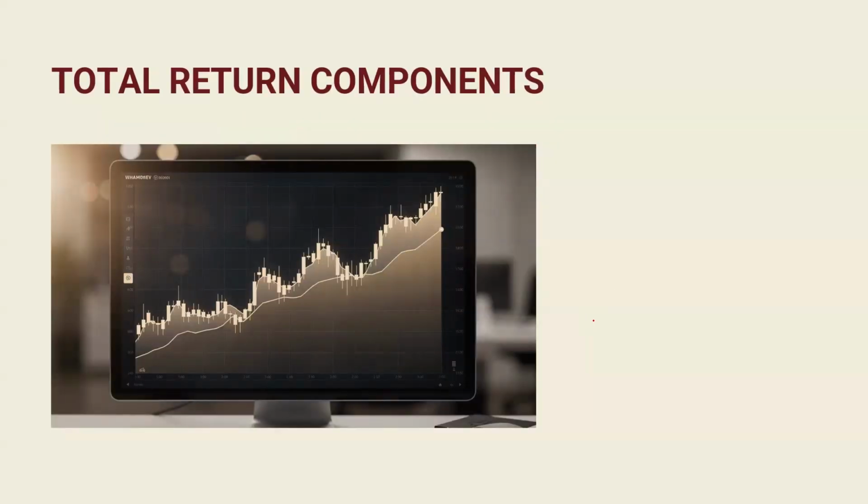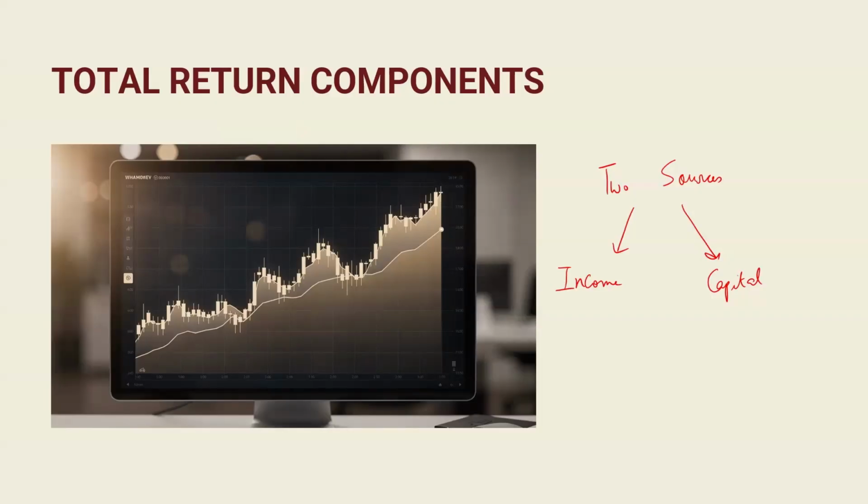Okay, now let us come to the total return components. So we talk about basically two sources of return. What are those two sources? One is, of course, the income yield, the income source, and then you have the capital gains or the capital source. Now, when we talk about income yield, you can take examples.